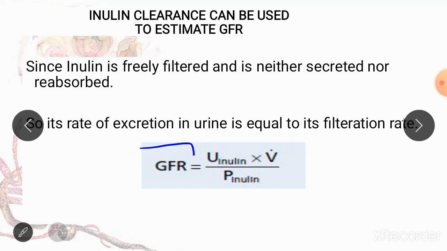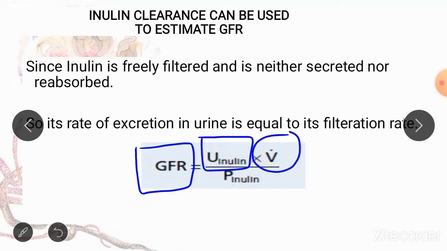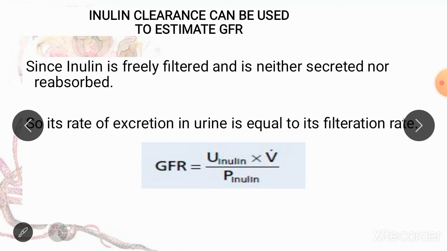So GFR can be calculated by multiplying the concentration of inulin in urine by the total amount of urine, or volume of urine, and dividing it by the concentration of inulin in your plasma. So this whole formula is going to give you the value of GFR, which is very very important.